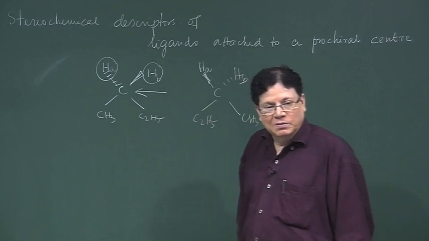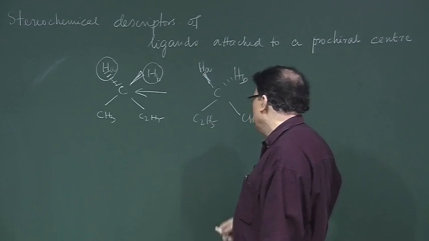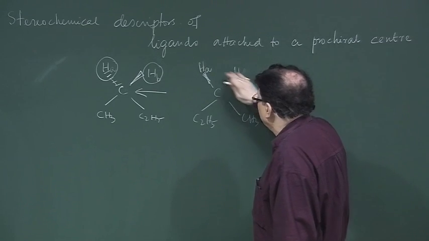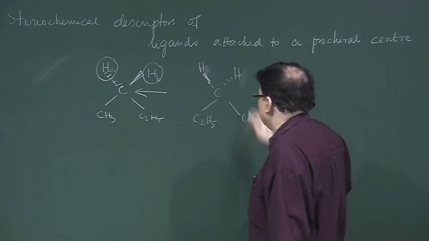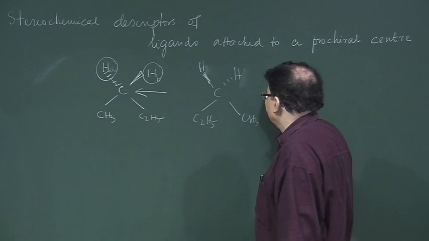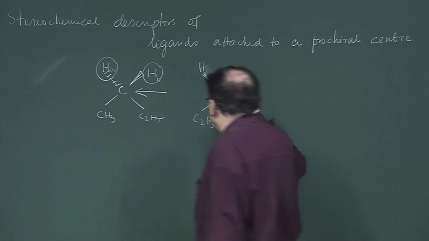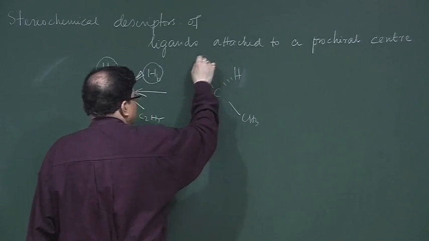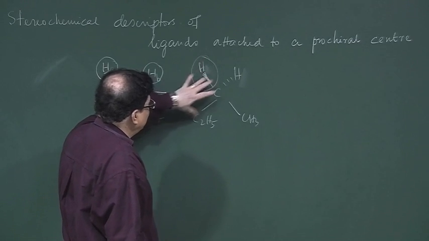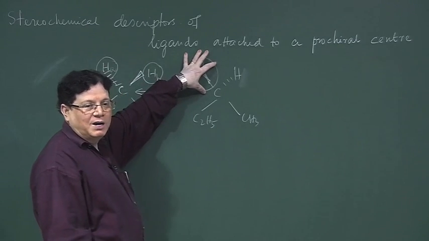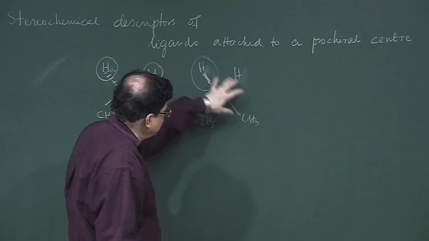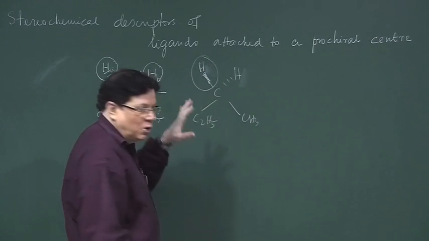Okay. Now, the way to assign stereochemical descriptors to these hydrogens, suppose in this case two hydrogens, they are enantiotopic, is this: if you want to know the stereochemical descriptor for this hydrogen, then you assign priority sequence to all the groups.